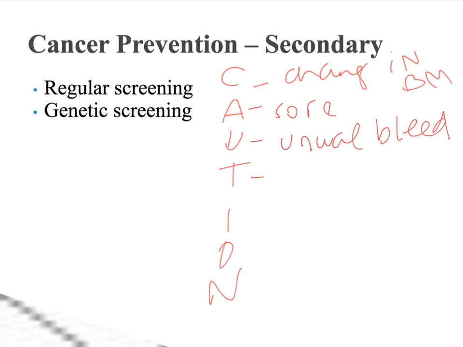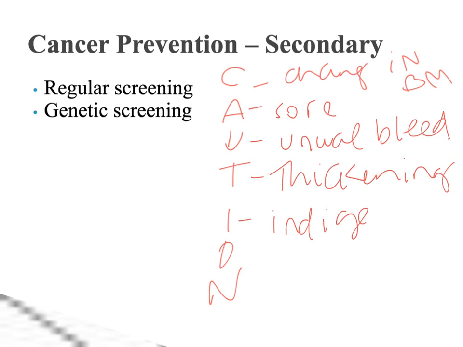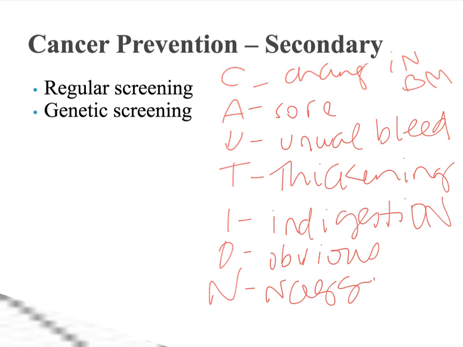T stands for a thickening or a lump, like a breast tissue thickening. I stands for indigestion or difficulty swallowing. O stands for obvious change in a wart or a mole, and N is for a nagging cough or hoarseness.